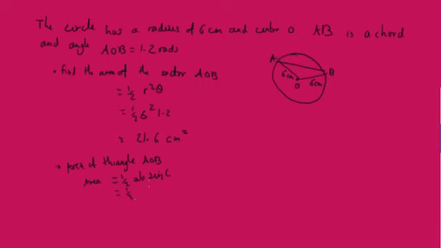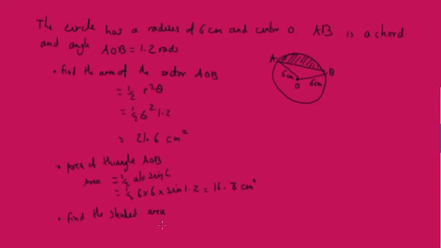So it's half, and both sides are 6, so it's 6 times 6 times sine of 1.2, and that's going to give us 16.8 centimetres squared.